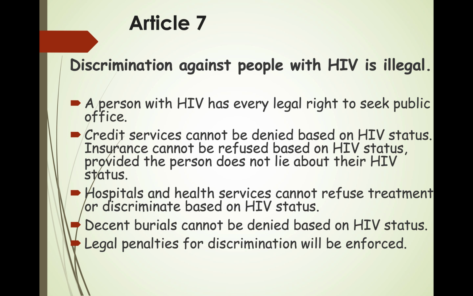Insurance cannot be refused based on HIV status, provided the person does not lie about their HIV status. When it comes to insurance, there are actually a lot of hindrances and obstacles hampering a particular patient from getting their own insurance, whatever the insurance company.